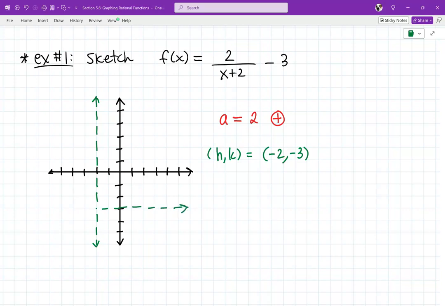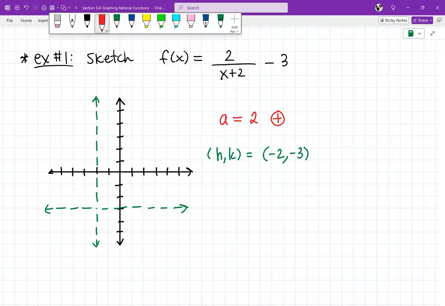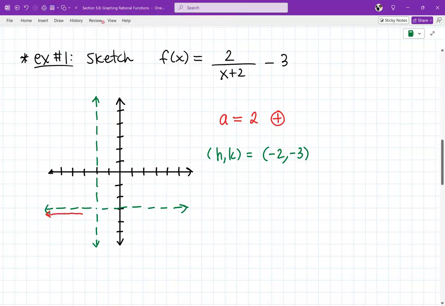So remember, my new center is these green invisible lines. I am now ignoring the black ones. I'm pretending they're not even there. Now, we said since A is positive, the graph should be decreasing. So that means the graph to this problem looks like this.